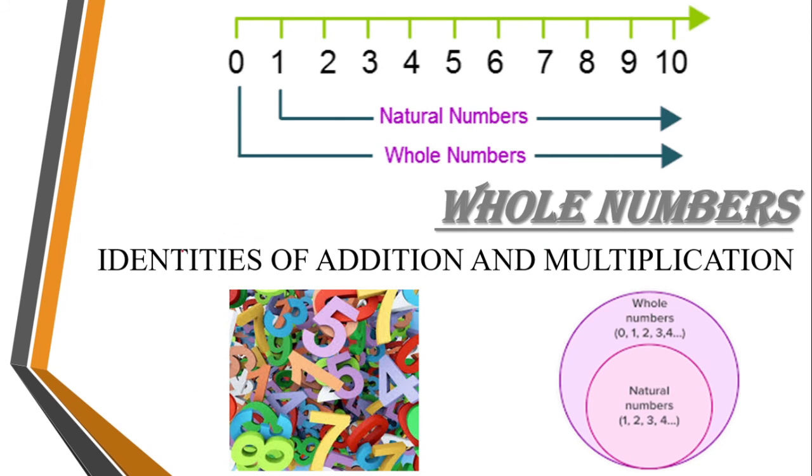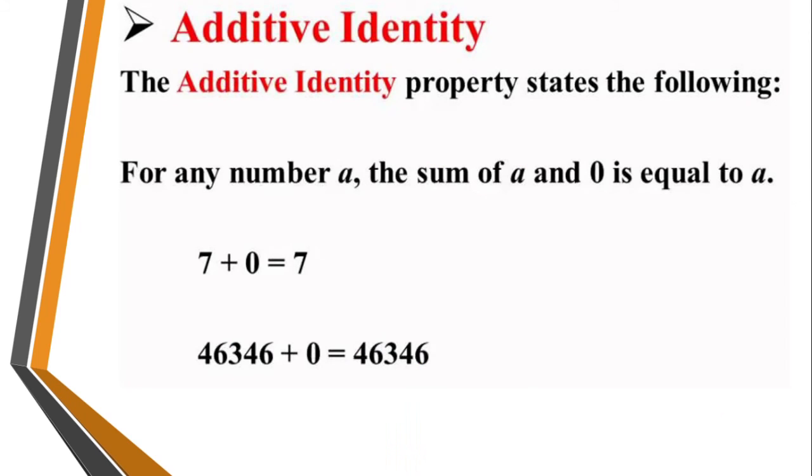Now let's learn identities of addition and multiplication. So additive identity. So what does it mean? It means that for any number, if we take that number as A, the sum of A and 0 is equal to A only. We can take A as any number, and if we do A plus 0, the answer will be A. So it will not change the value.